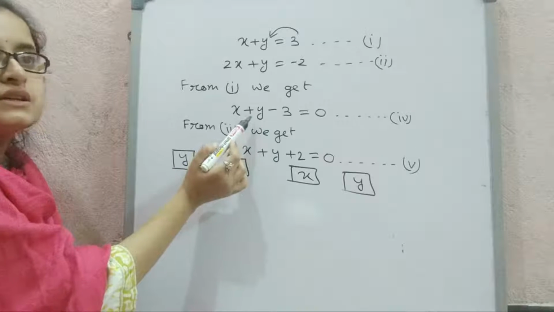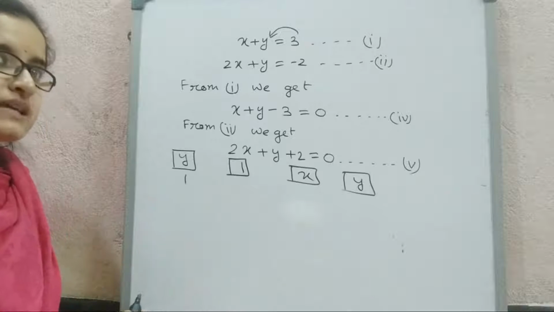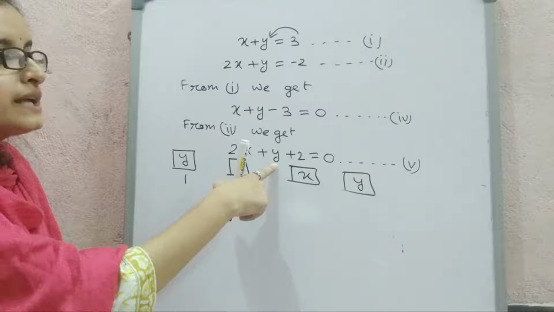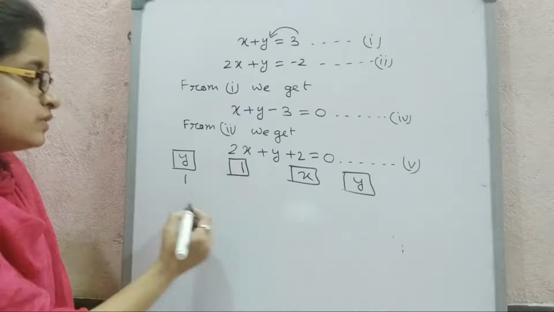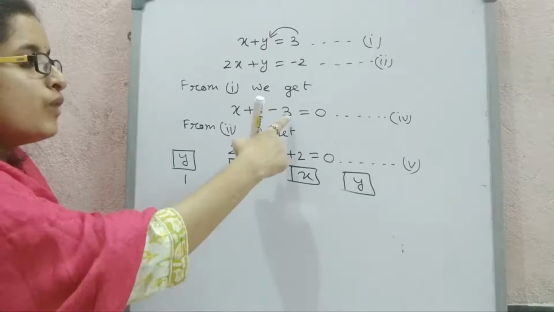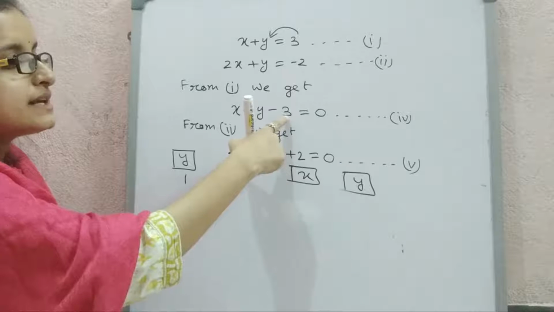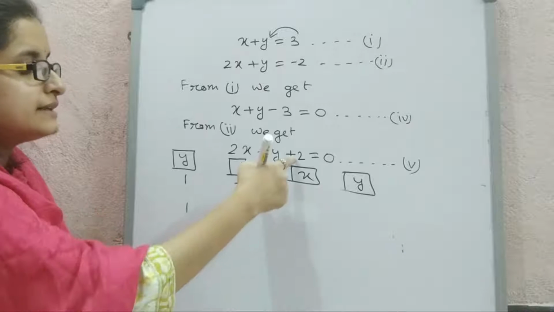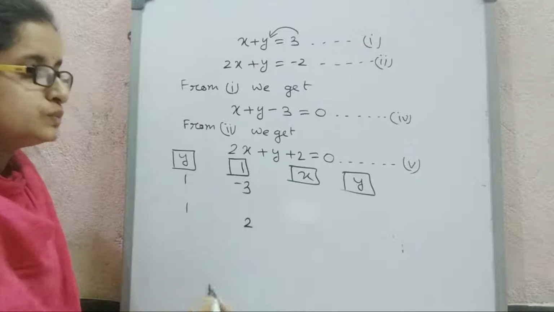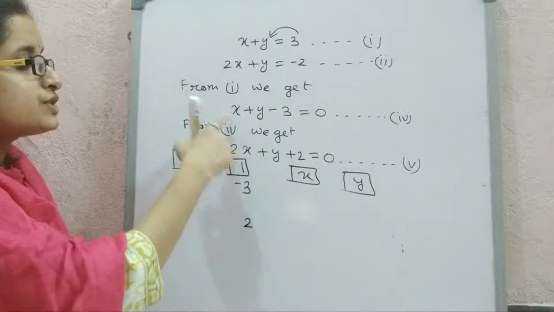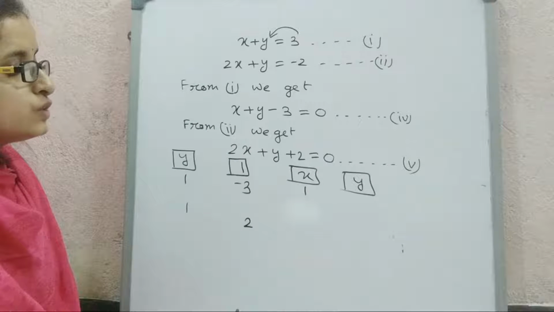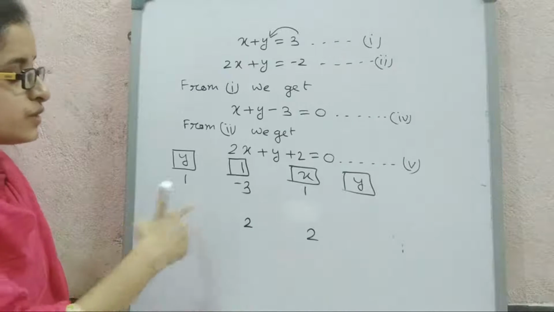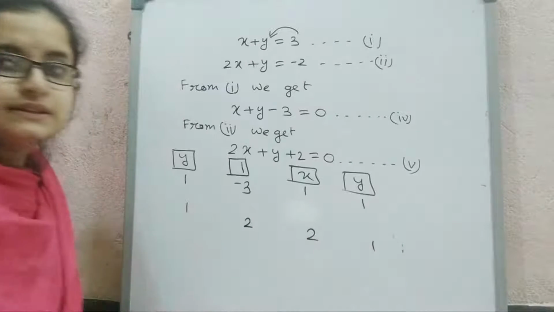The coefficient of y is plus 1, and the coefficient of y in equation 5 is 1. The constant term is minus 3 and this constant term is plus 2. The coefficient of x is 1 and the coefficient of x is 2. Again the coefficient of y is 1 and 1.